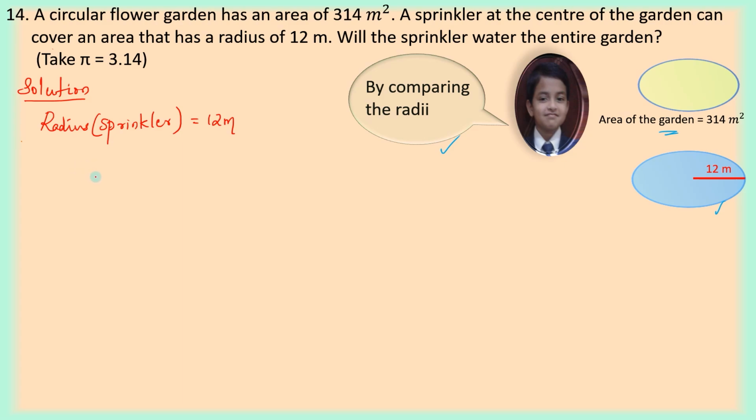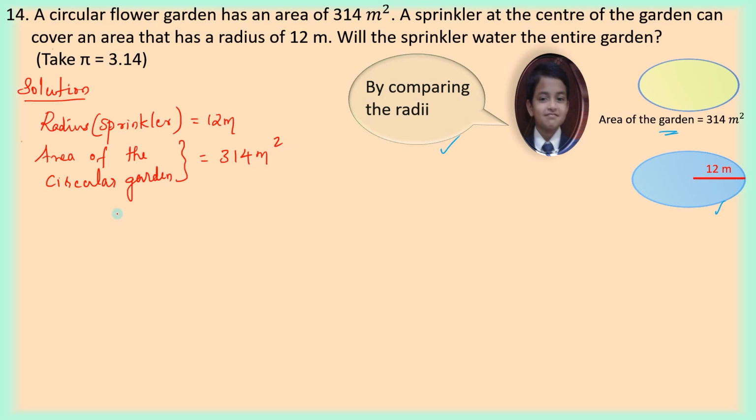Next we have to find the radius of the garden. For that, first let us write the area of the circular garden equal to 314 meters square.